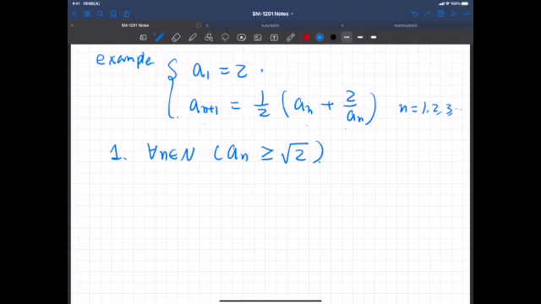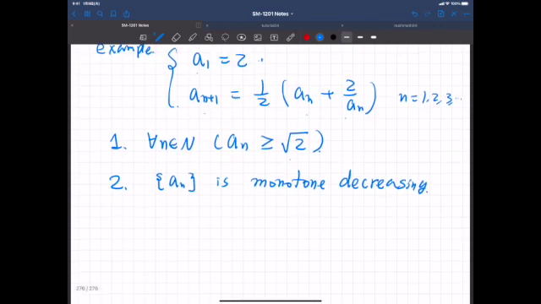Certainly a1 is 2, so it's greater than or equal to square root of 2, which is 1.4, and so on. And second, this sequence is monotone decreasing. So it never increases, it just decreases.